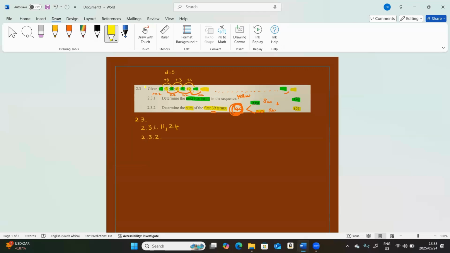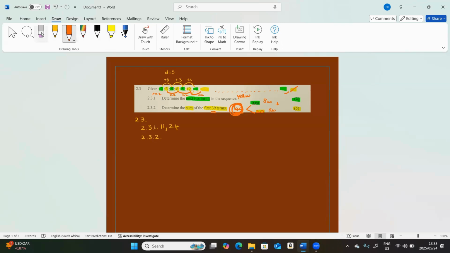They're only asking up until 39. So that yellow one got slashed. We end at the green one, and that is why the green sequence would have reached 20 terms, and the yellow sequence will then only have 19 terms. Do we understand that concept?